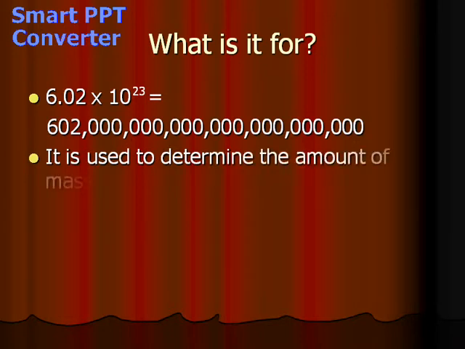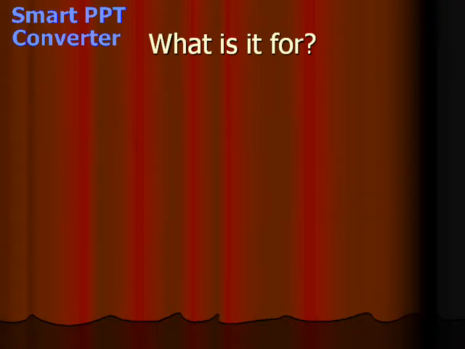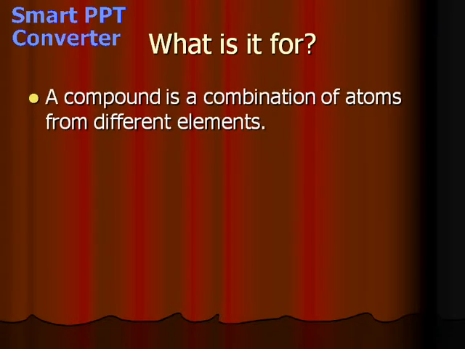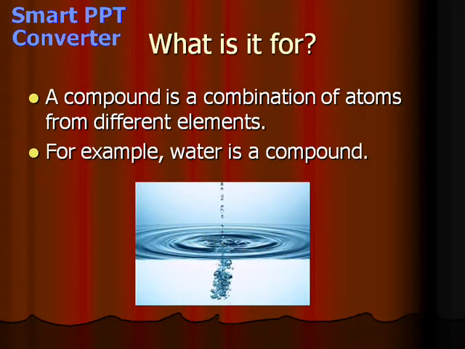It is used to determine the amount of mass or the number of atoms in a given compound. A compound is a combination of atoms from different elements. One such example is water.